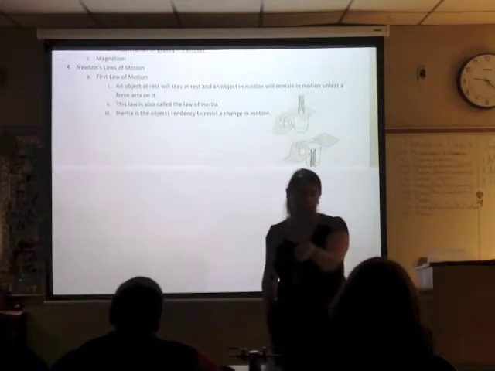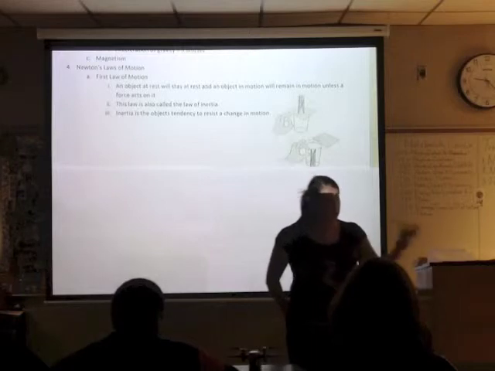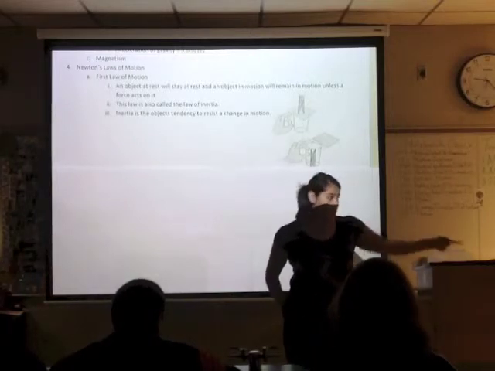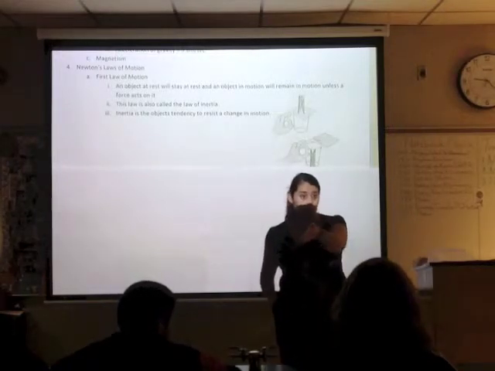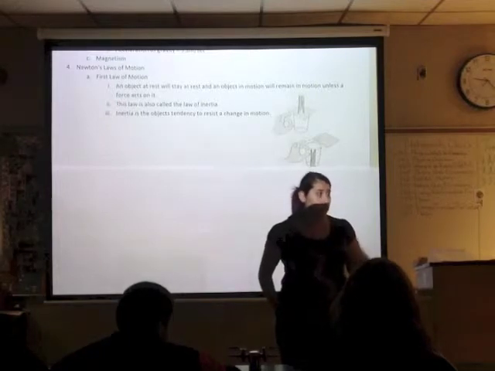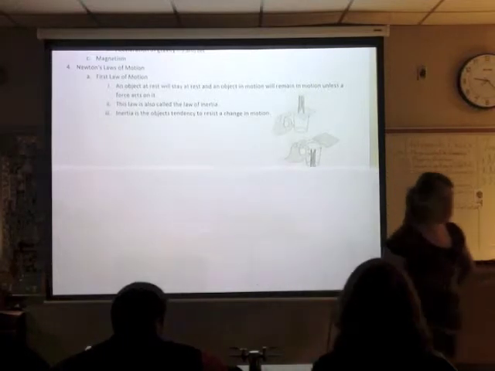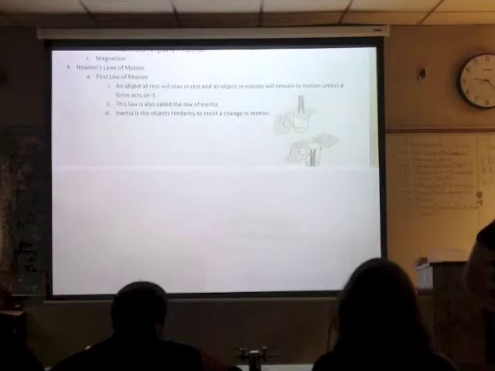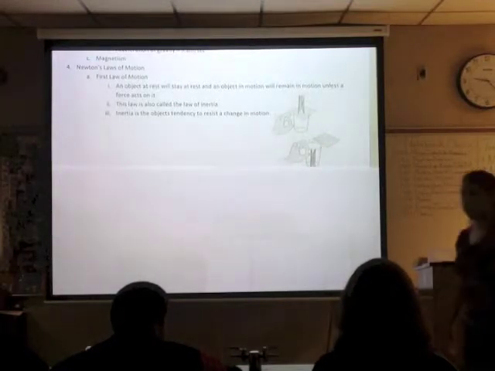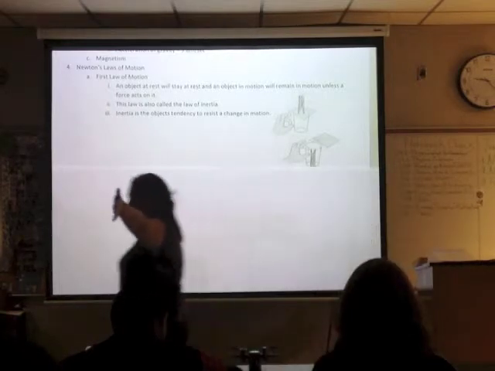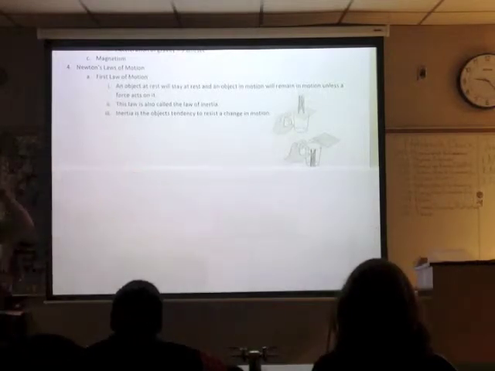Now, what other force down here other than gravity would stop that? You said friction, air resistance, right? So out in space, do we have any of those things? No. So in space, if I was able to push that chair, is that chair going to move forever and ever? Yes. Where's it going to go?